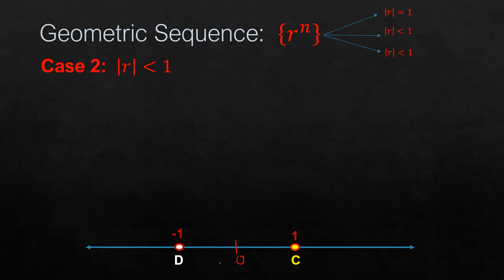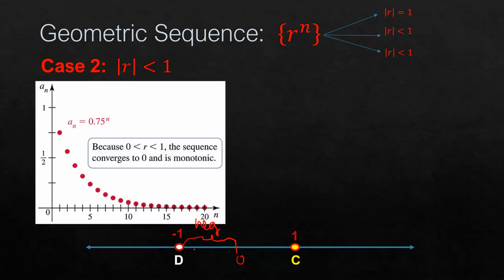So let's look first on the left here, where that is a negative number. Oh no, I switched my left and my right, darn it. So actually that one is on the right, okay? So where r is positive right here, right?